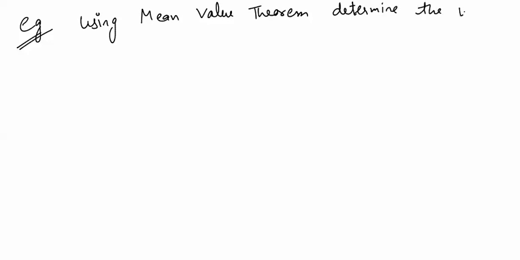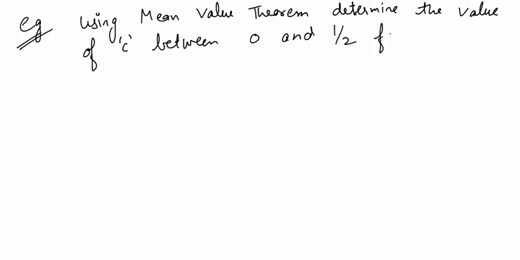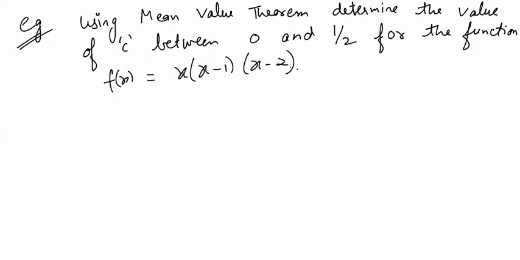Let's say the question is: using mean value theorem, determine the value of c between 0 and 1 by 2 for the function f(x) equals x into (x minus 1) into (x minus 2).